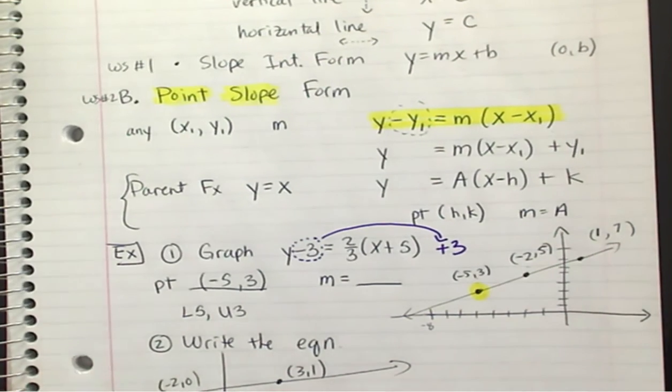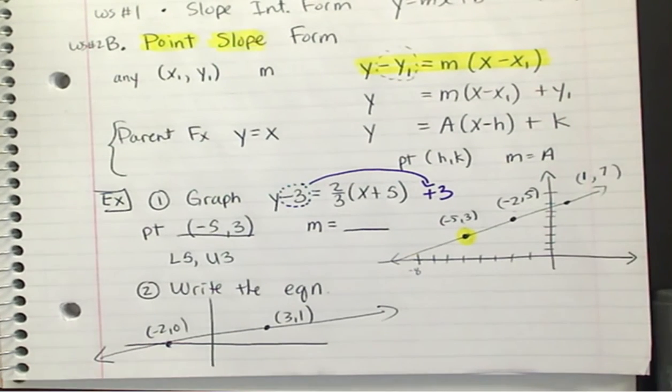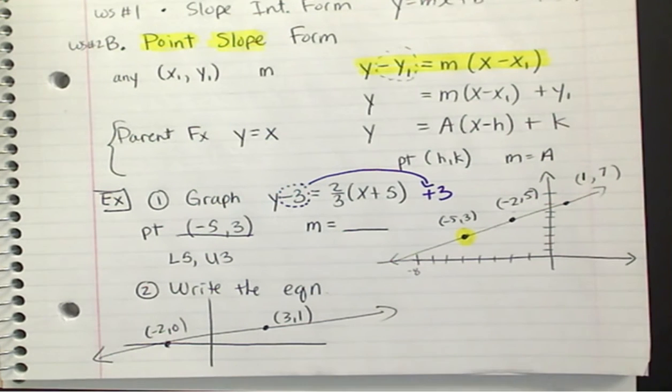Okay, there you go. That's all I'm going to label. That's it. No grid. Write the equation of that line. If you don't know the y-intercept, you cannot use it, which means you have to do point slope form. That's why we have it.